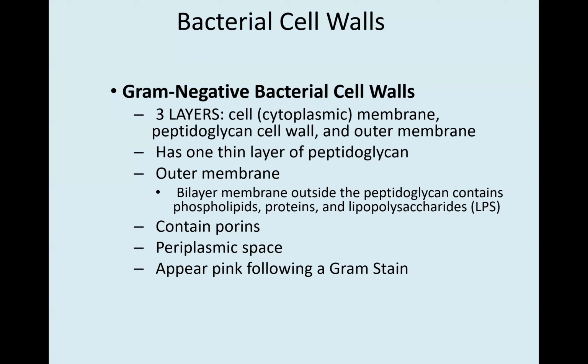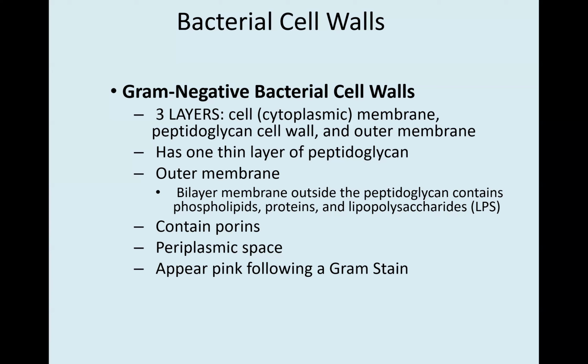These lipopolysaccharides are going to be very important when we start to discuss endotoxins later on, talking about disease presentations. Gram-negative bacteria will have this lipopolysaccharide that can actually break down and release an endotoxin when the cell is damaged. So that's a very important part of gram-negative bacteria.